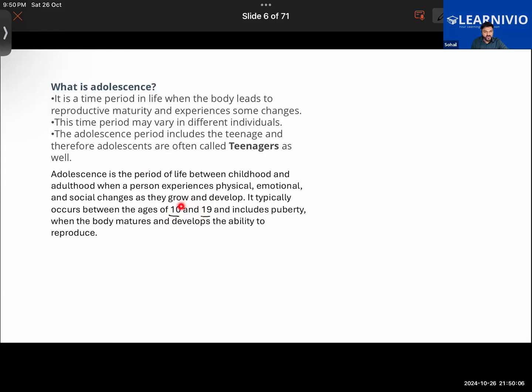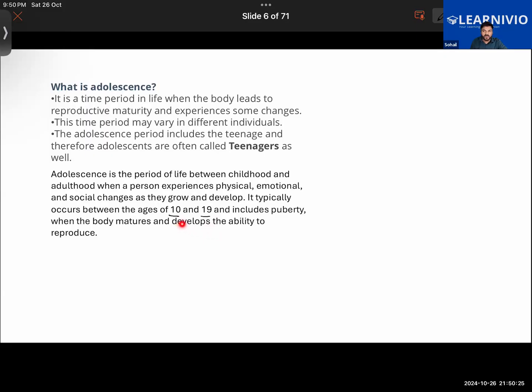In both girls and boys it will start by the age of 10 and continue till the age of 19. And adolescence includes puberty also.